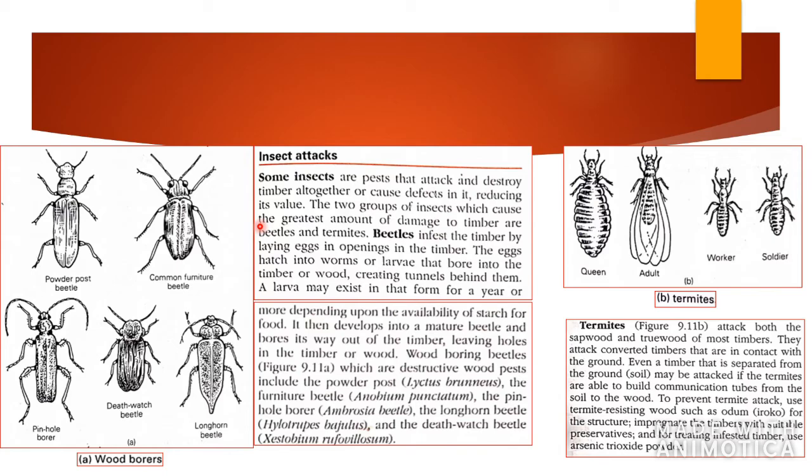Okay, and once they enter, there's almost nothing you can do, because they will go throughout the whole house. And you might not even know it until you see little sawdust lying around your house. So you want to make sure you treat your wood with insecticides.